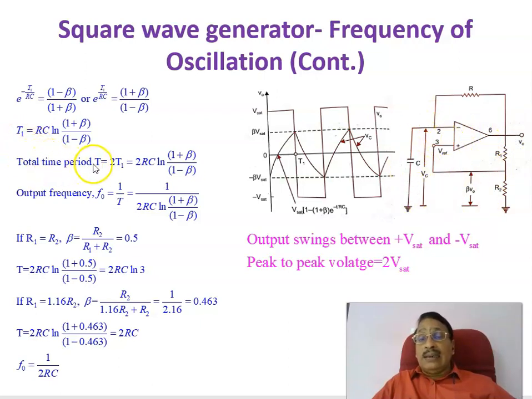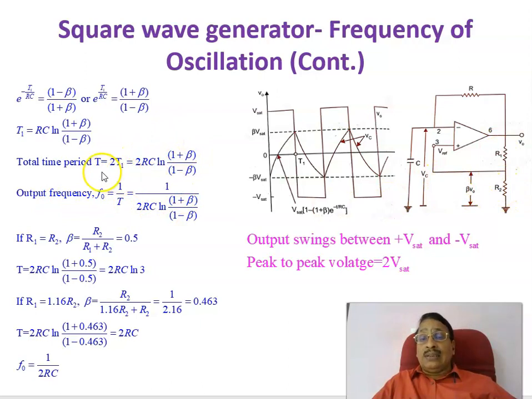The corresponding t1 you calculated equals RC natural logarithm of (1 plus beta) divided by (1 minus beta). The total time period is twice t1, which equals 2RC natural logarithm of (1 plus beta) divided by (1 minus beta), where beta is given by R2 divided by R1 plus R2.